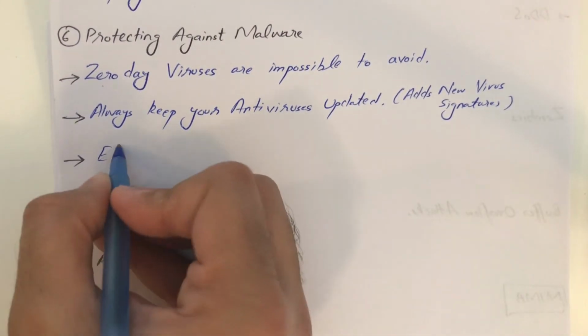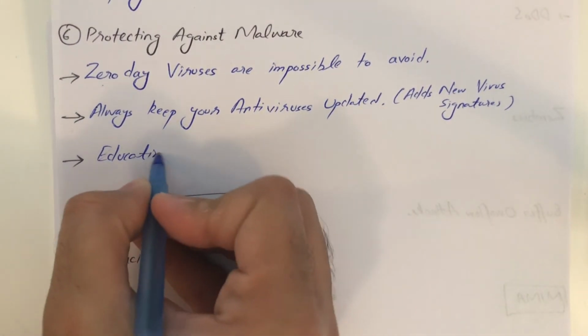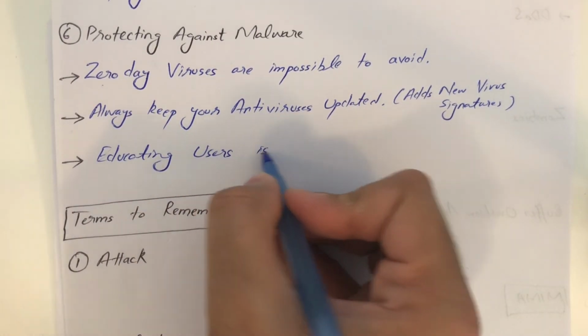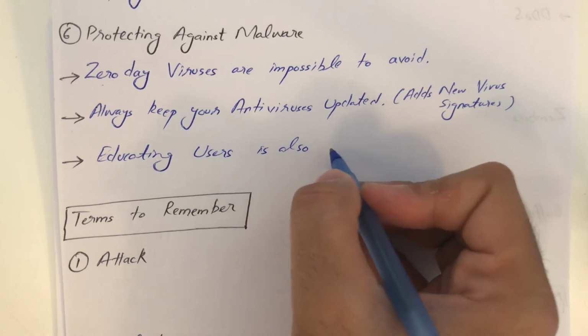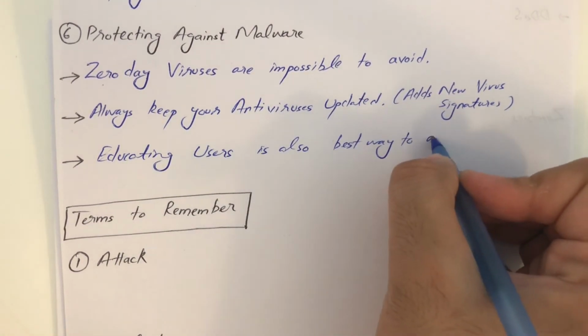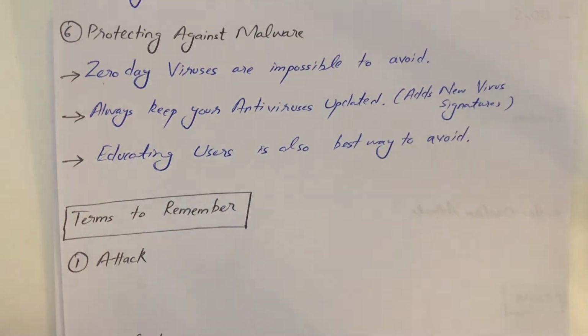And educating users is also the best way to avoid viruses. You can train the user on which particular files they can use or which websites they can visit and all that.